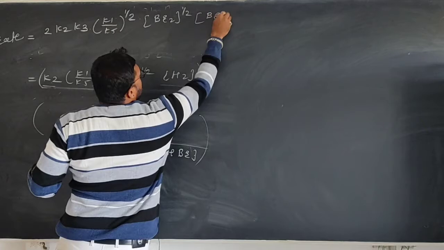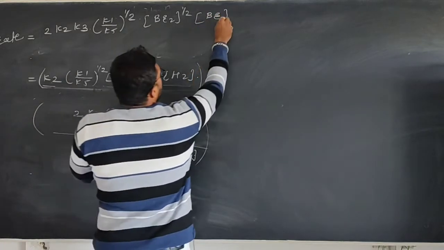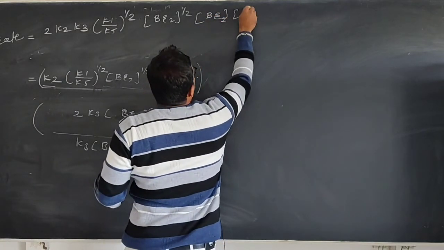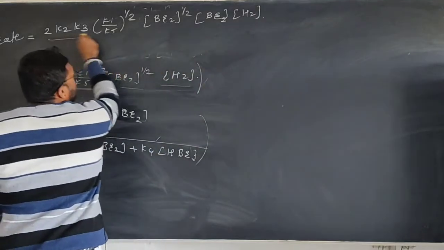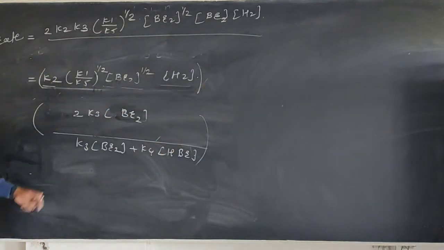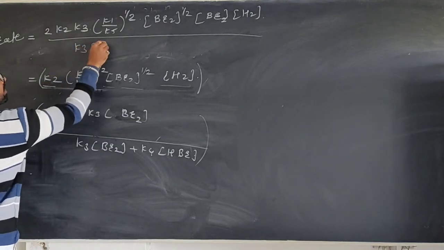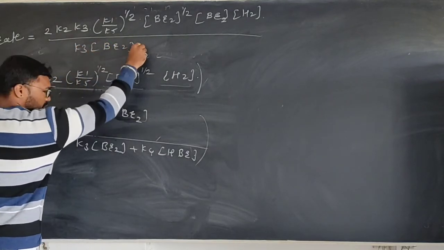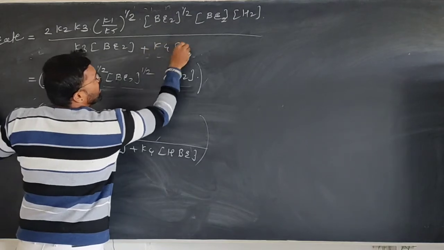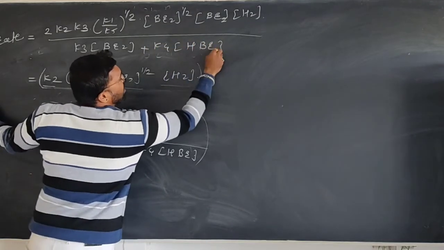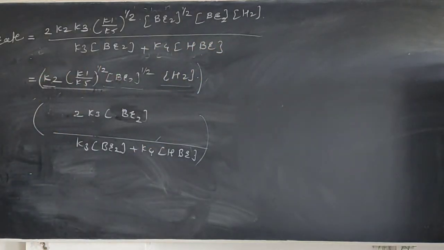Into the bracket Br2, okay, and H2, and the denominator remains as it is, K3 into Br2 plus K4 into HBr. Now with reference to the values, some are changed. Okay, next step is a change.